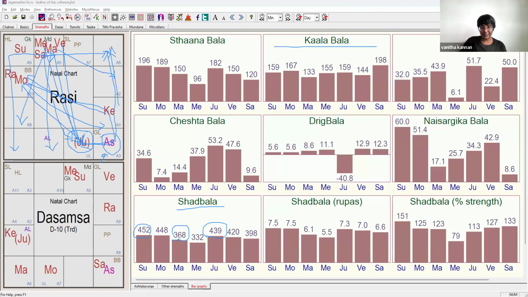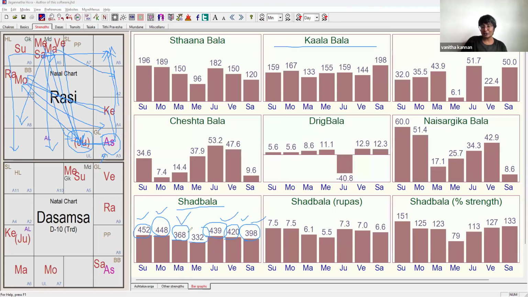Mars is 368 and Saturn is 398. It's all in a good position. And the Moon is 360 and the Venus is 330. Everything was good.